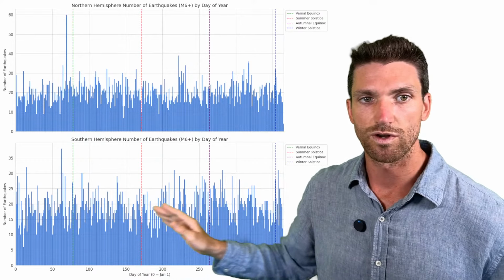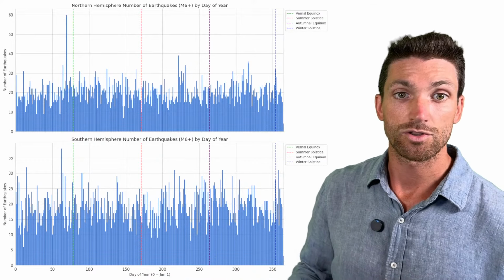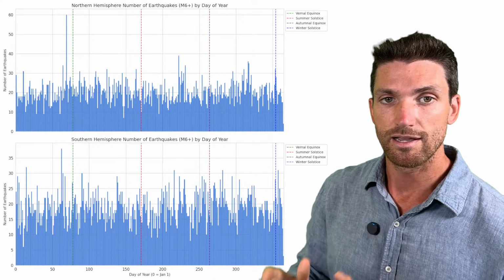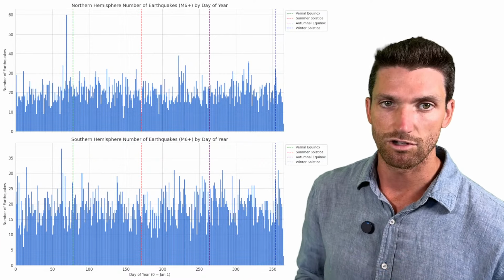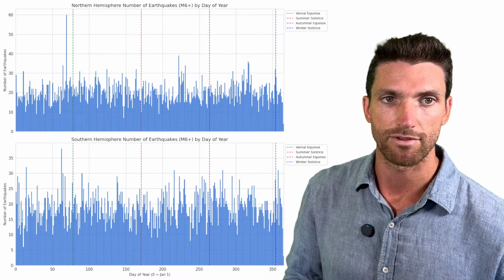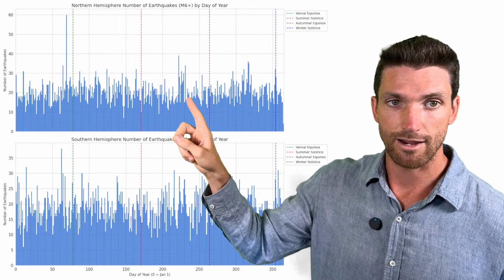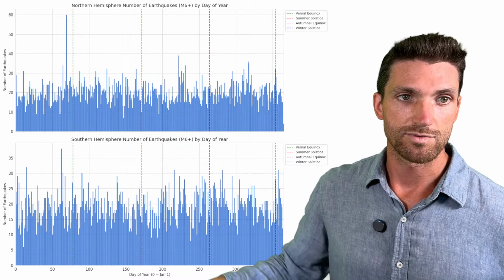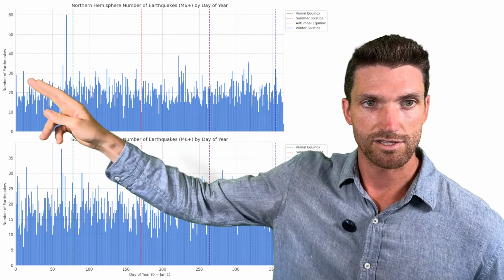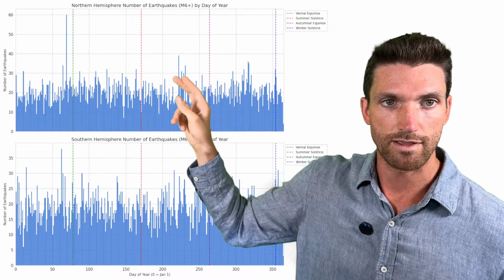And so you get these rhythms in earthquake activity that seem to be modulated by the tilt angle of the Earth relative to the sun due to how that affects the global electric circuit, that flow of energy around the globe. So this right there does not guarantee that we're due something big, because we see here it's the number of earthquakes. This is 30, and then it goes up to 40 there.